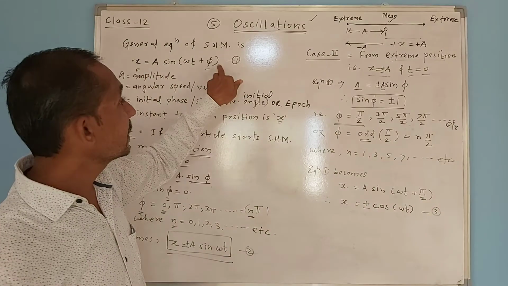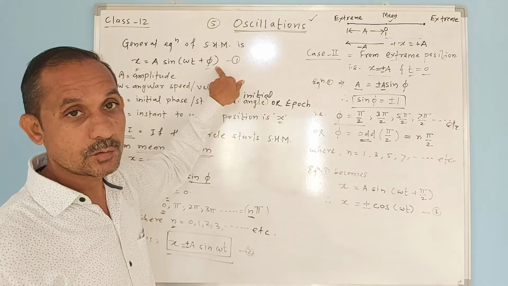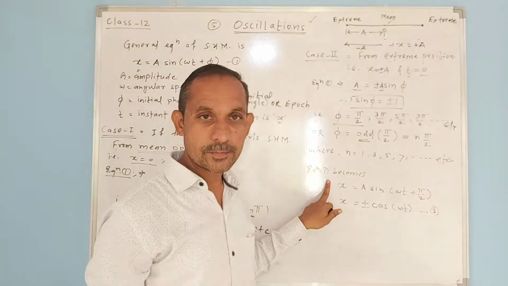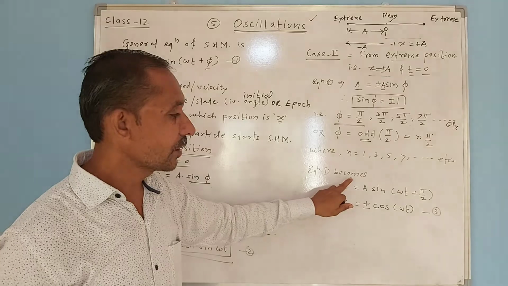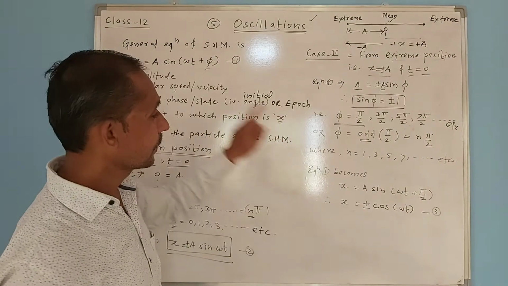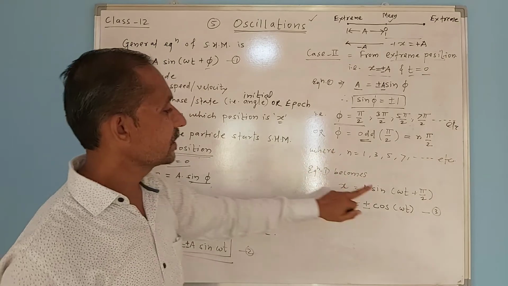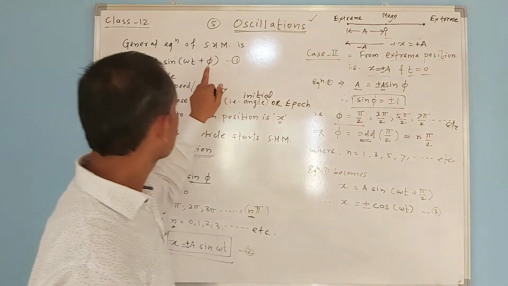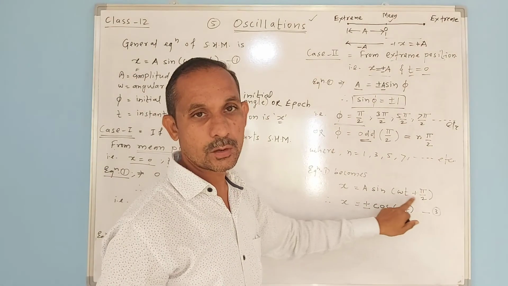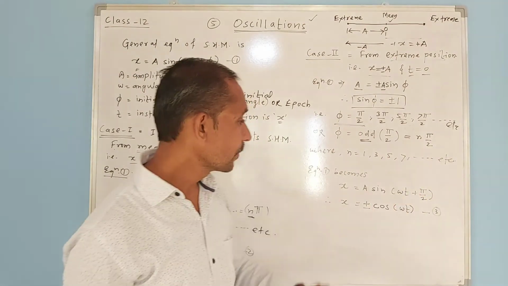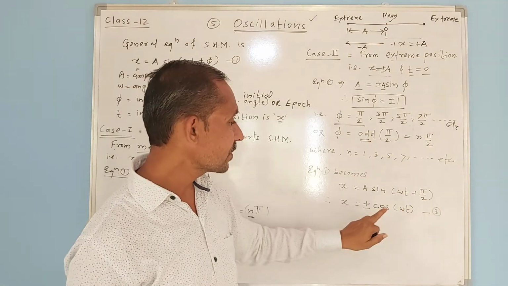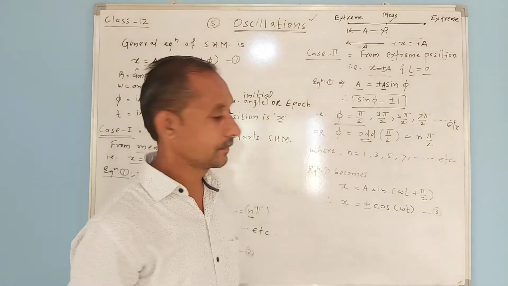Place this value in equation 1. Then this equation will get reduced in this way. So equation 1 becomes x is equal to a sine of omega t plus phi. But phi means pi by 2, so omega t plus pi by 2. Sine of omega t plus pi by 2 becomes cos of omega t.